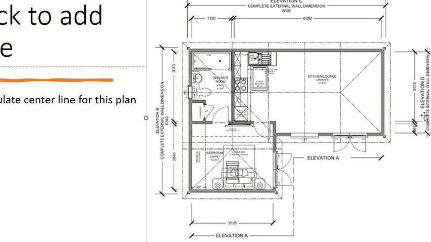Now you need the external girth. Can you calculate external girth without any problem? How much is it? 26,965. 8608 plus 6439.